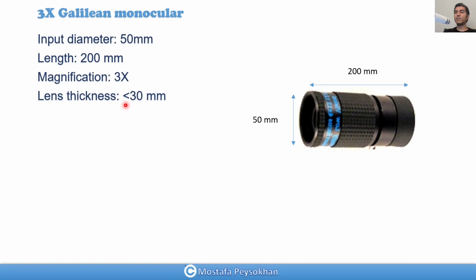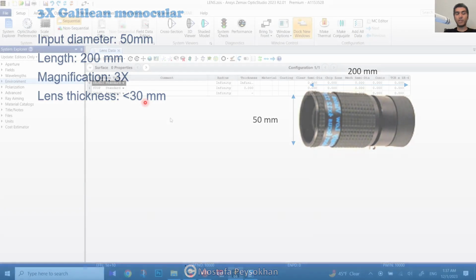Because we're going to build it with just two lenses, the lens thickness is going to be less than 30 millimeter, or less than 3 centimeter. I mean, we can change it, but right now that's just the spec that we made for ourselves. Now let's jump into Zemax and take a look at this optical model.